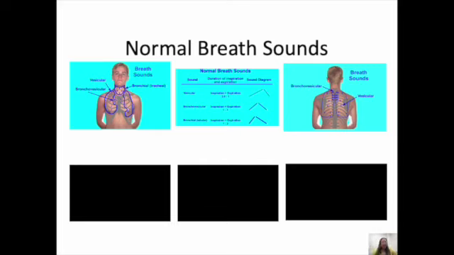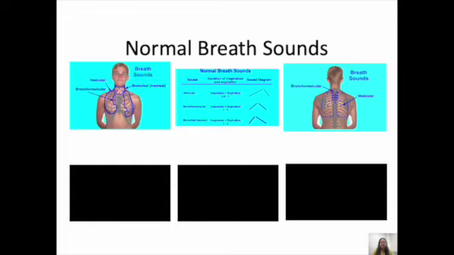Then hugging the bronchial area, you're hearing bronchovesicular sounds. You're hearing inspiration and expiration at the same duration. Then the majority of your lung fields are vesicular, where inspiration is 2.5 times longer than expiration most of the time.